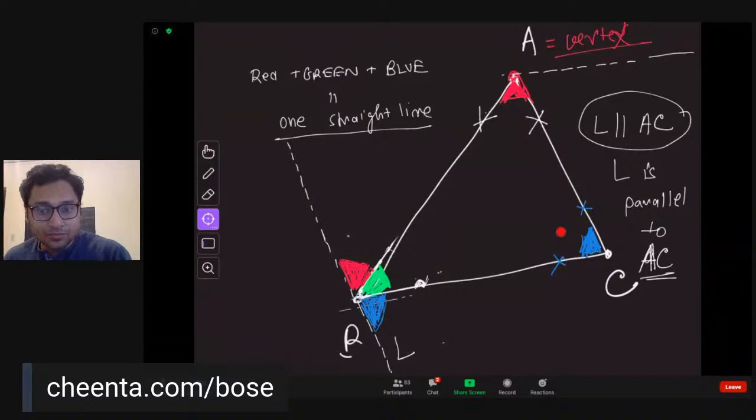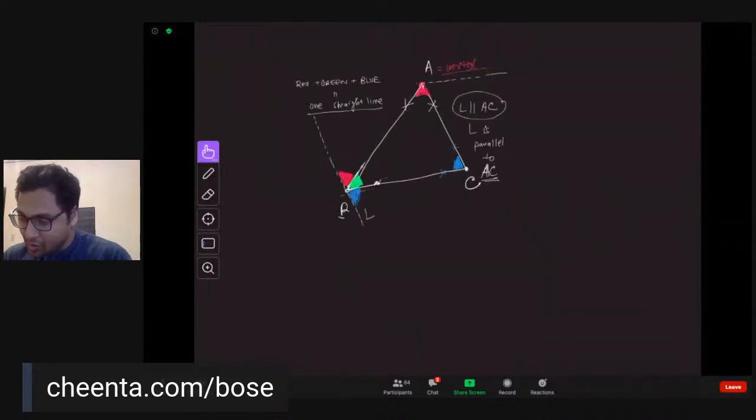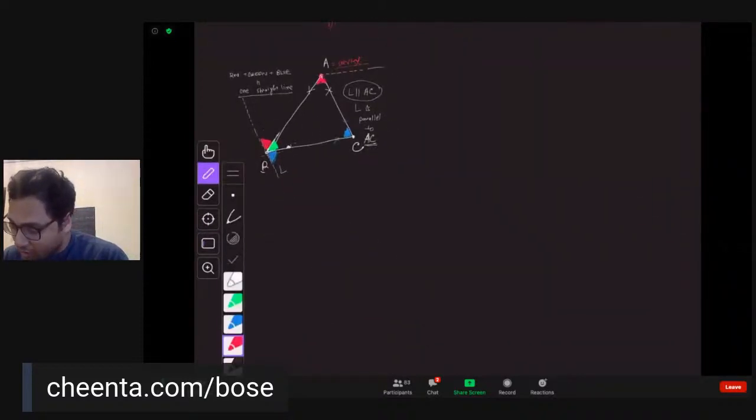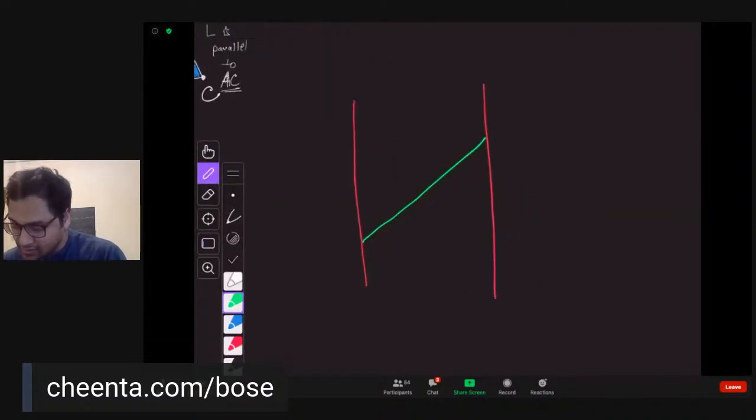Why is that true? Well, this is a property of parallel lines. So I'll just draw it and you will see what I'm saying. If you have two parallel lines like this, and you have a third line going like that, then this angle is equal to this one.